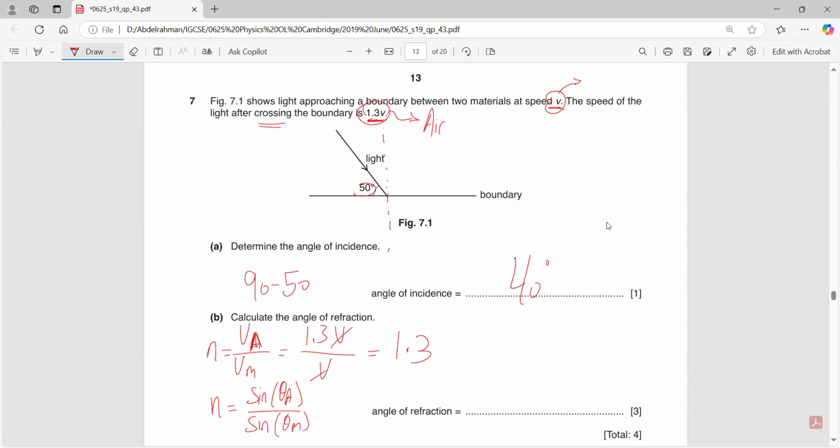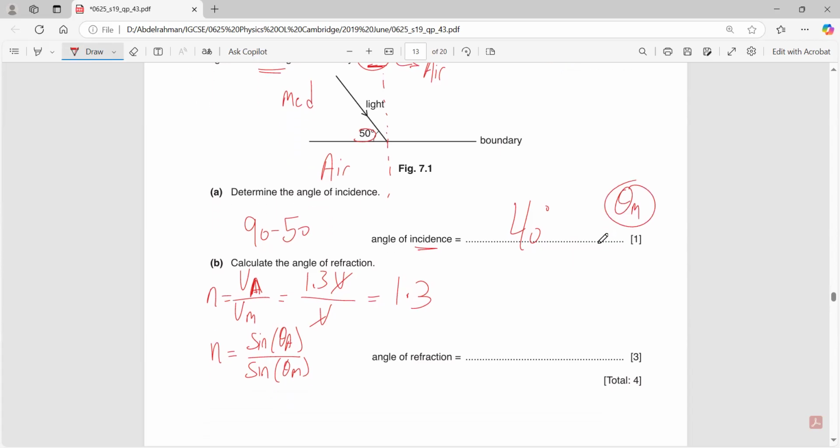After it crosses the boundary, it goes into the air. So initially it was in the medium. So this 40, this angle of incidence, is the theta m, the theta inside the medium.